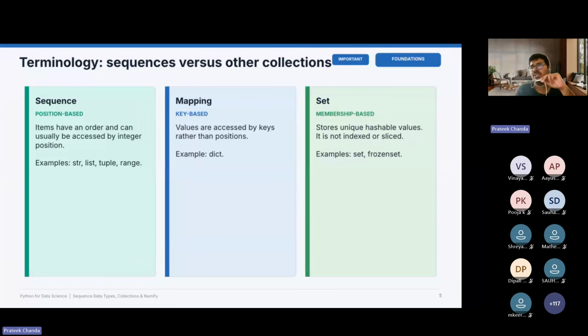So one is the sequence-based data types. What comes to your mind when you think about the word sequence? Basically that means there is some kind of ordering, or a list of items.